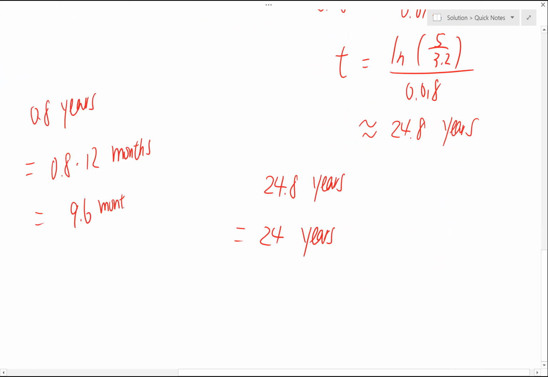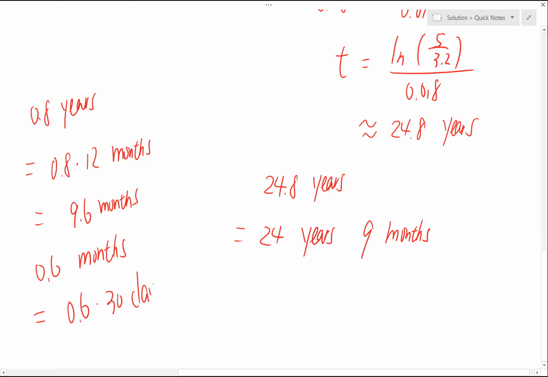We take the whole number 9, so it's 9 months, and 0.6 months remains. 0.6 months is 0.6 times 30 days per month, so you get 18 days. So a slightly more accurate description of 24.8 years is 24 years, 9 months, and 18 days.